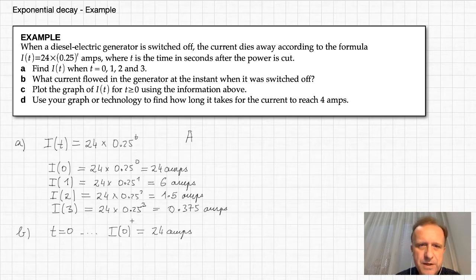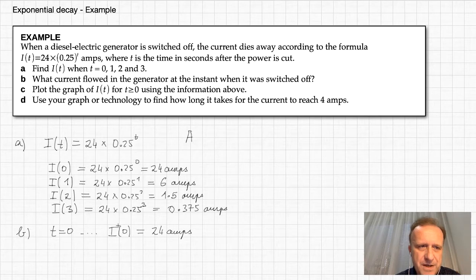Okay, so what we have here is a transient phenomenon, something that happens to the electric circuit when you switch it off and when you cut the power, and actually the formula describes this phenomenon completely, so it tells you the time dependence of current, and using the formula you can easily find the current at time 0, which means this is in the beginning when the power was cut.